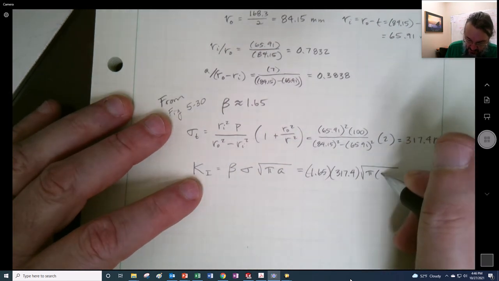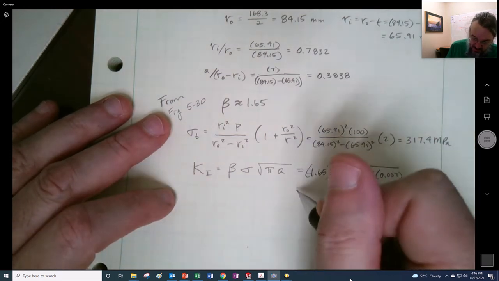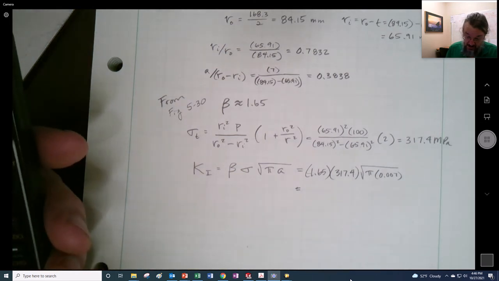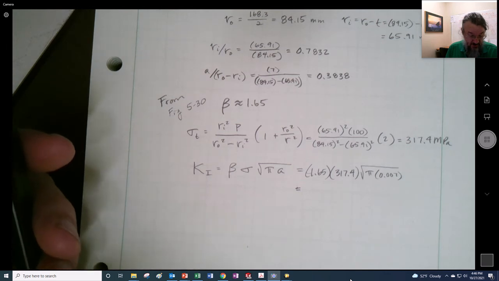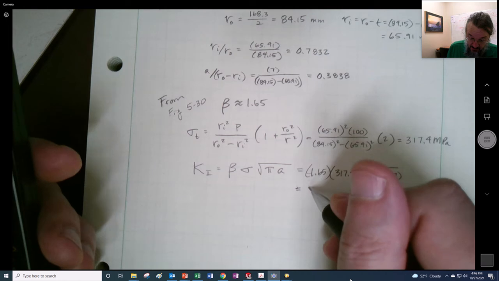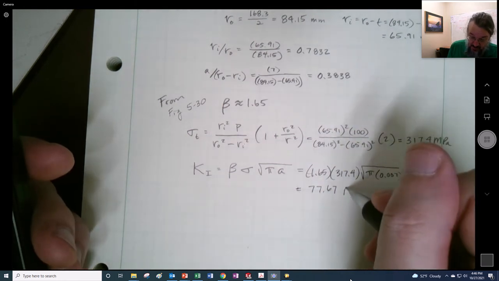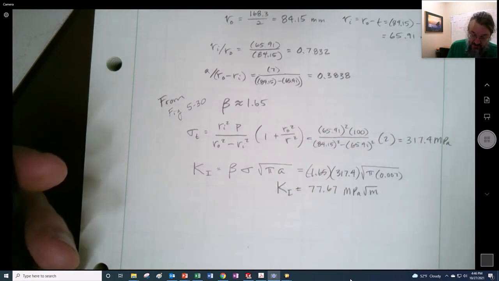This crack needs to be in meters, so 0.007. So 0.007 times pi, square root, and then multiply by 1.65, and we end up with 77.67 megapascal square root meters. This is our stress intensity at that.